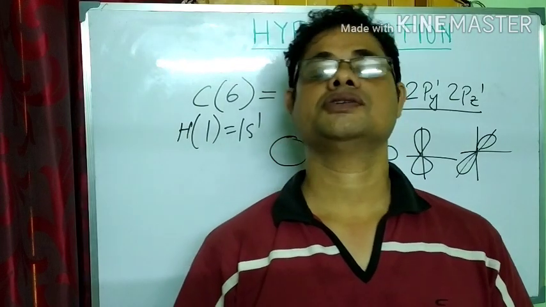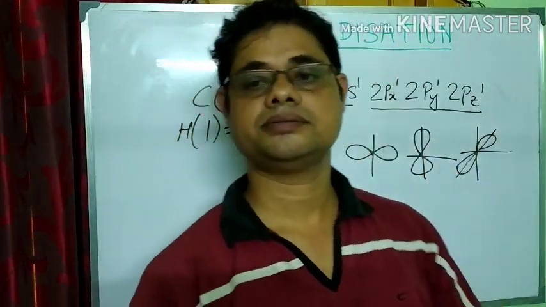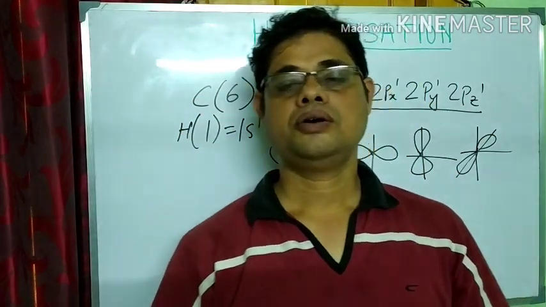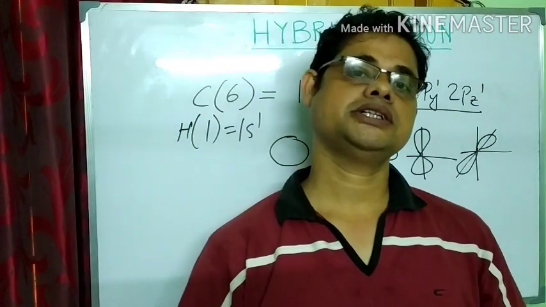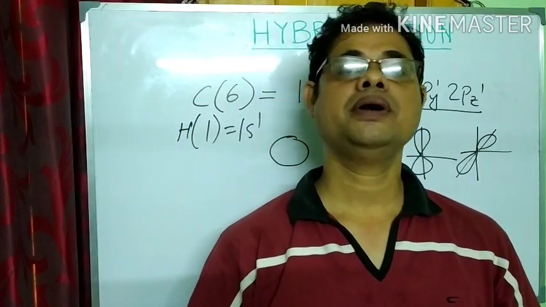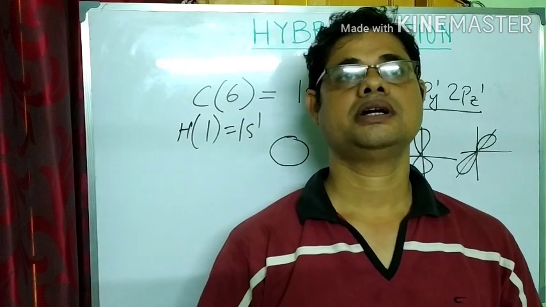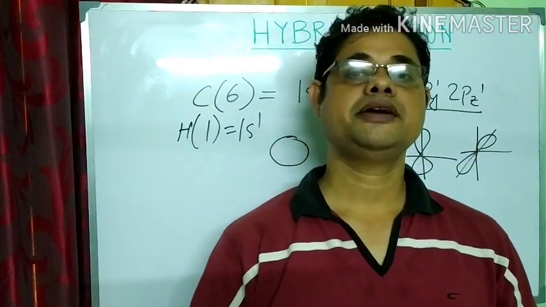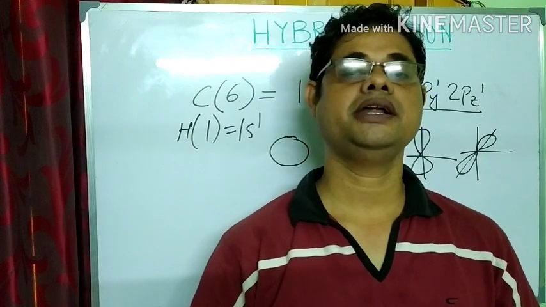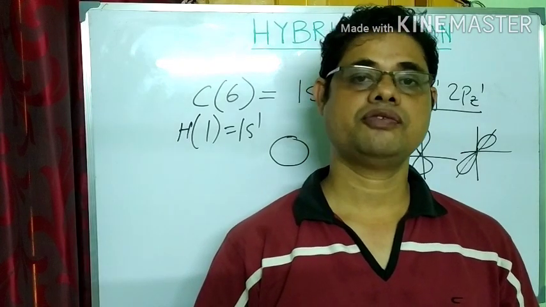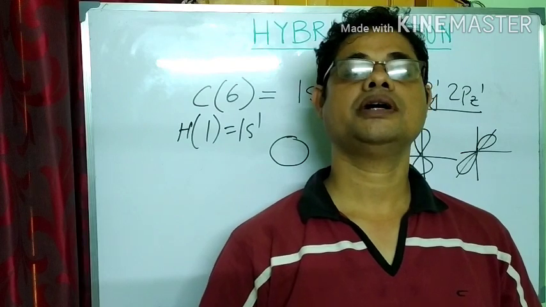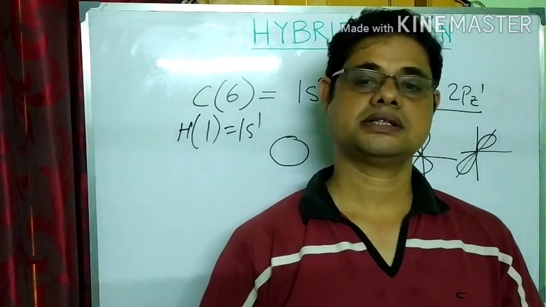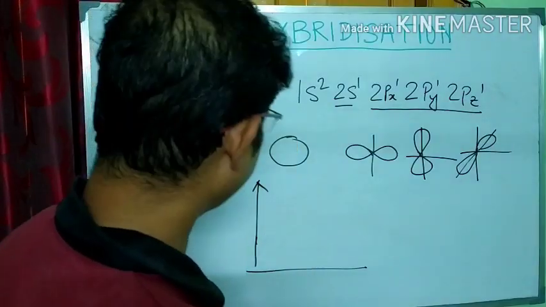Here comes the concept of hybridization. What is hybridization? Hybridization happens when orbitals of different energy levels get mixed to form new hybrid orbitals of the average energy level of the original unhybridized orbitals. In this figure, we can explain it.